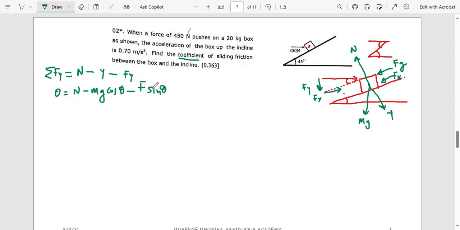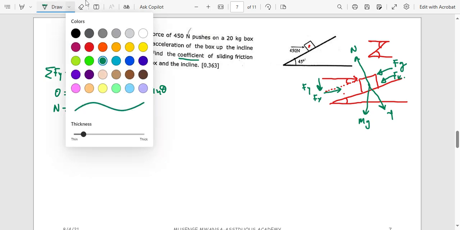This is the y component, the same one we use for vectors. The y component is always sin. And then that will mean that the normal force will take mg cos theta the other side and F sin theta the other side. So normal force will be equal to mg cos theta plus F sin theta. So you can see in this case, the formula for normal force changes. Normal force behaves like that.